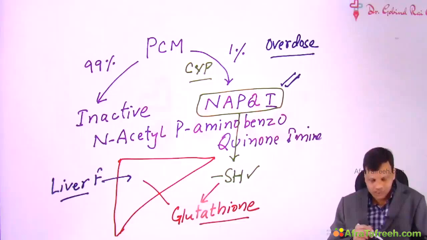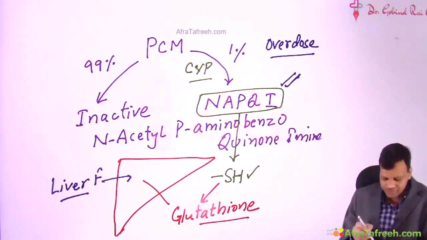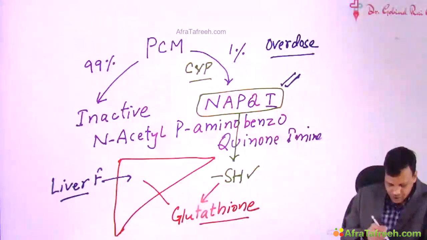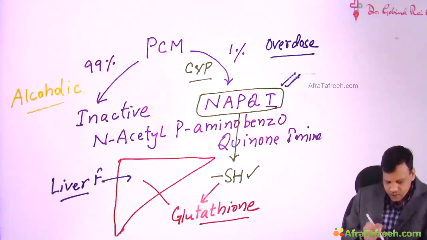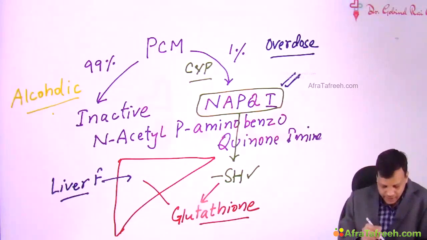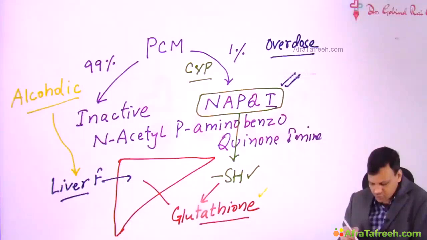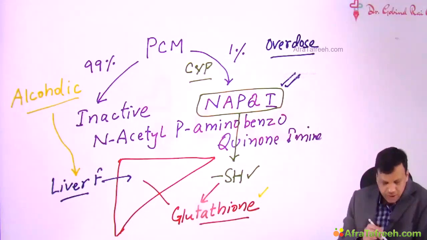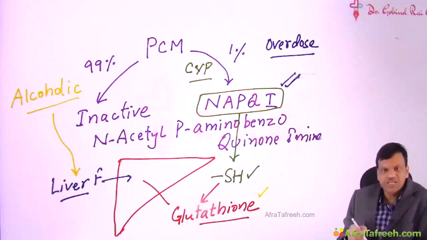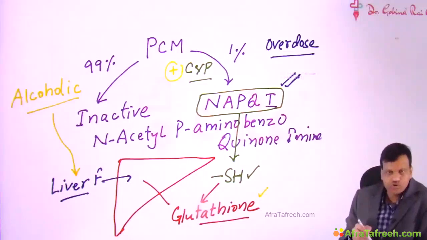Now the third important reason is if a person has both of them, and both are likely in a patient who is a chronic alcoholic. A chronic alcoholic is likely to have liver disease, alcoholic liver disease, so less production of glutathione. Second, chronic alcoholism is a CYP inducer, a microsomal enzyme inducer. In a normal person, most of the paracetamol is conjugated and becomes inactive.